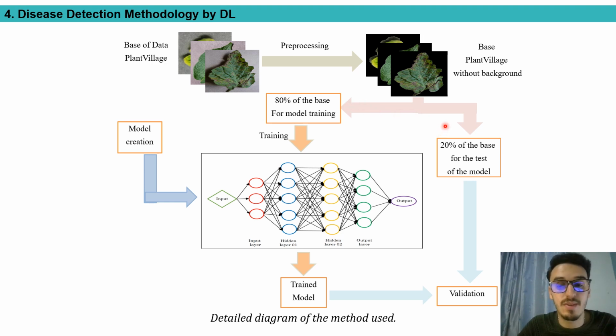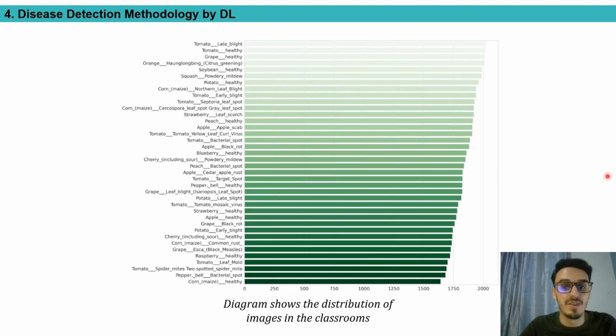Our dataset contained 38 classes including different diseases and healthy leaves, such as apple, potato, tomato, and strawberry diseases, etc. The images are well distributed to ensure the model learns effectively.